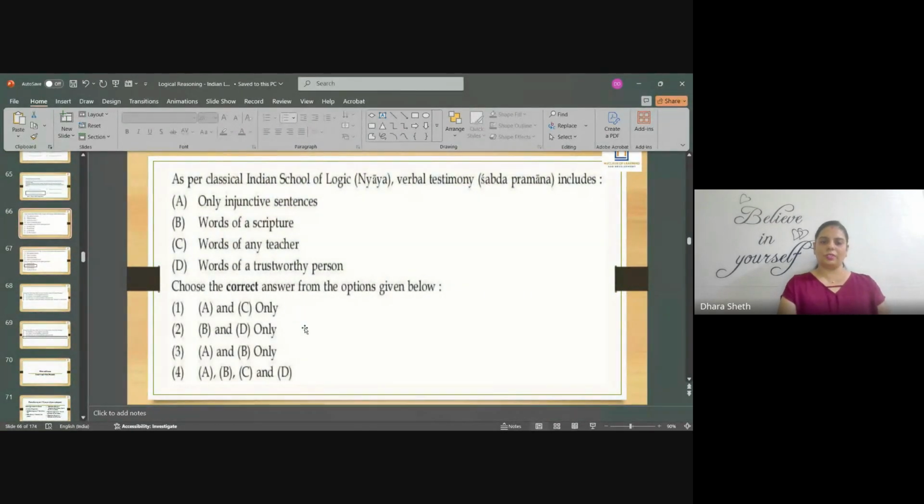Okay, two more questions and then we take a break. As per Indian School of Logic, Shabda Praman includes what out of the following? Only injunctive sentences, words of a scripture, words of a teacher, words of a trustworthy person. What does it include?